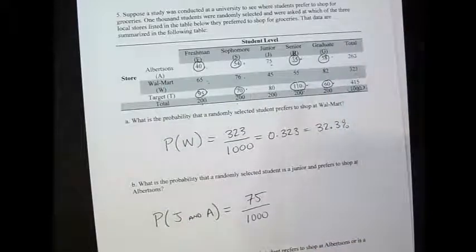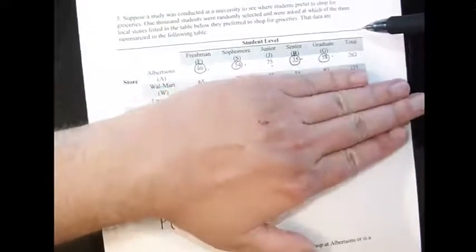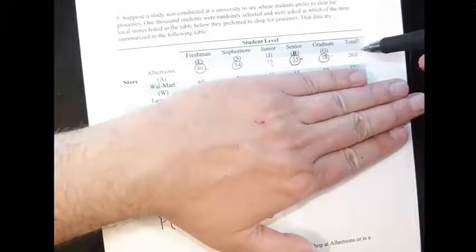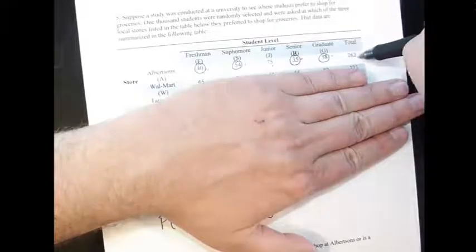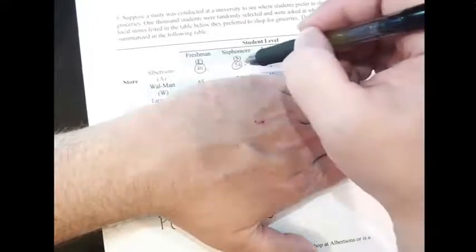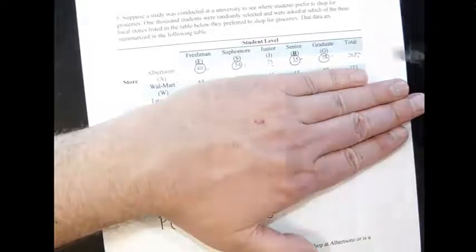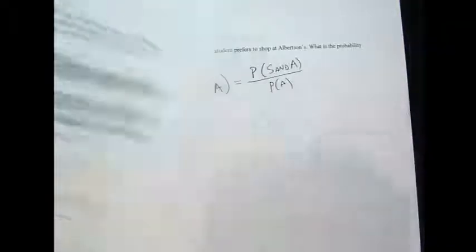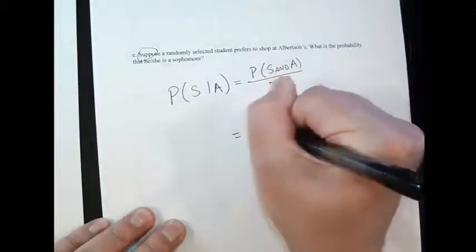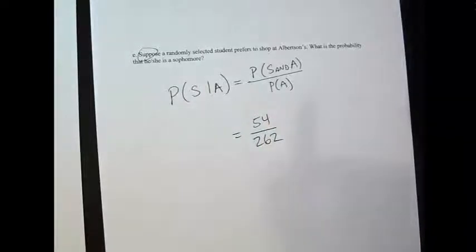We identified the person prefers to shop at Albertsons, which means I'm only looking at the top line here, which means that is my denominator. I'm only looking at 262 people. Then, where are the sophomores? 54 out of 262. And it's that simple. Tables actually are even easier to identify conditional probabilities than Venn diagrams because the information is laid out so well.